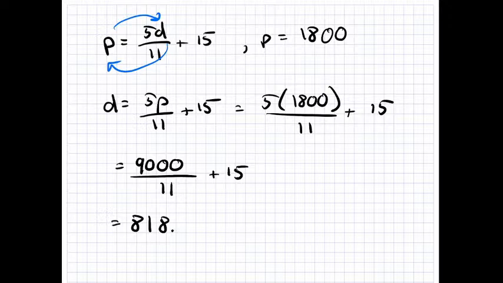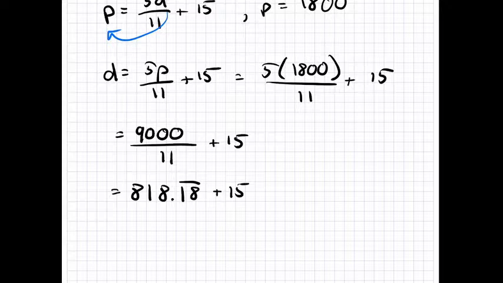I think it kind of repeats. It just keeps repeating the 18, right? We could find that fraction, but I'm going to leave it like this for now, plus 15. We could find that, and I'll do a demo on that momentarily.